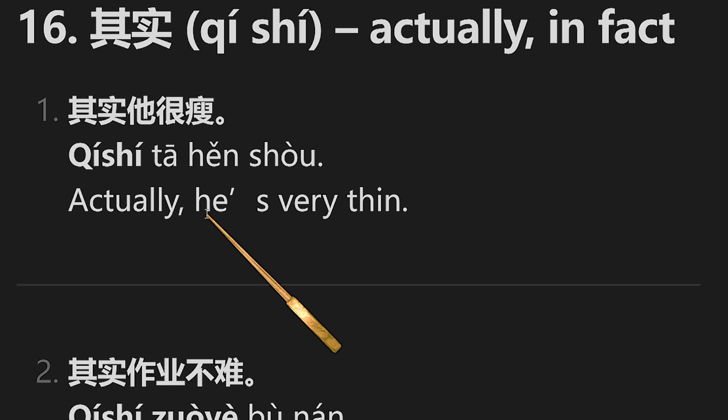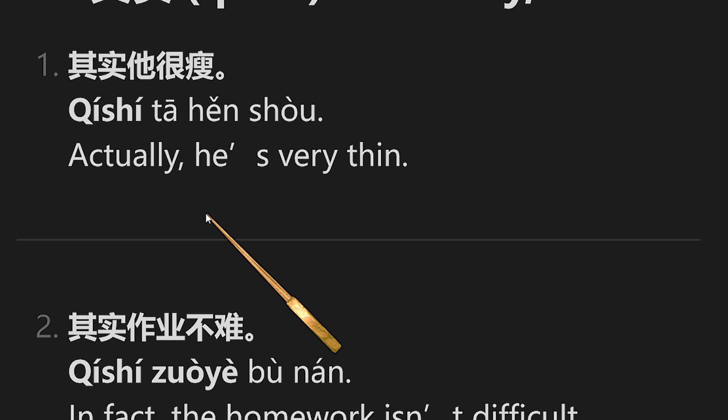At some point in HSK5, you will realize you only need a few new characters and words, not separately but in context, in examples, and you really memorize them very fast.